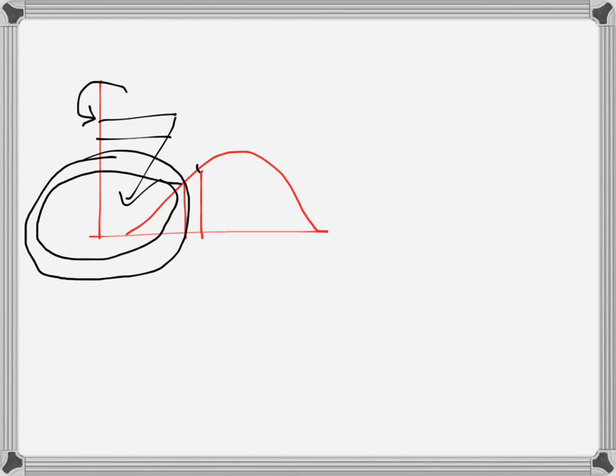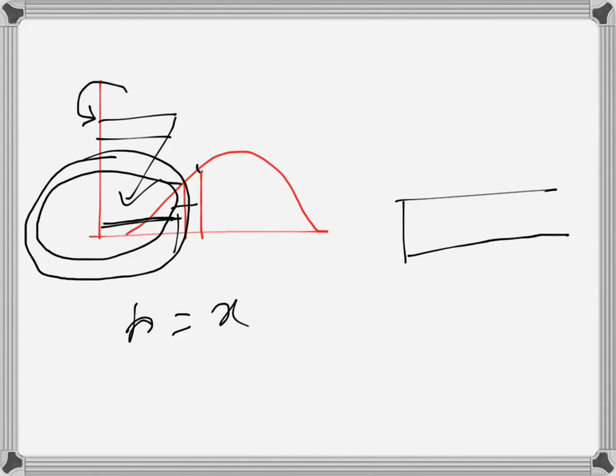So the average radius will be x in this case. I will just write them down. If we take this structure here and stretch it out as a straight structure, it will be like this. The radius is x, and the height is f(x).